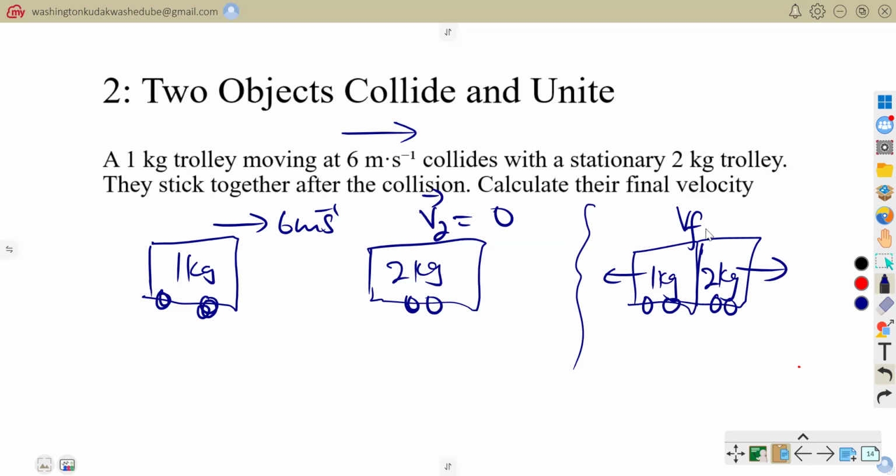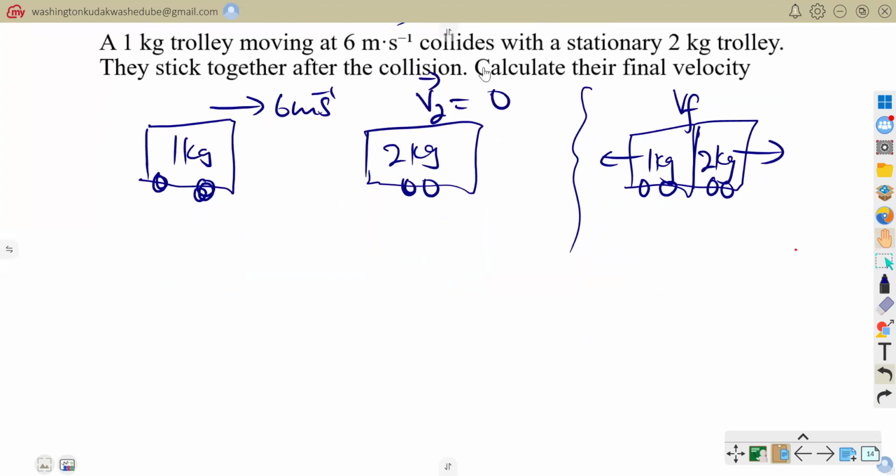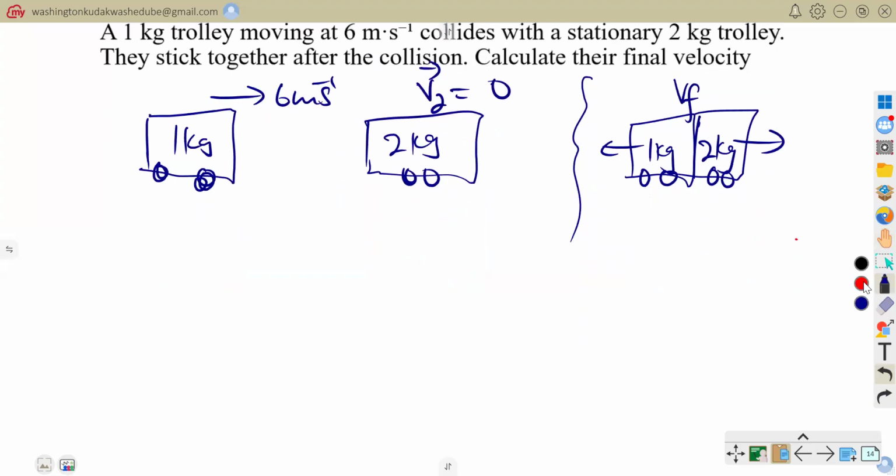So this is where we come and apply the principle of conservation of linear momentum, where total linear momentum before, which I will represent with initial, should be equal to total linear momentum final.